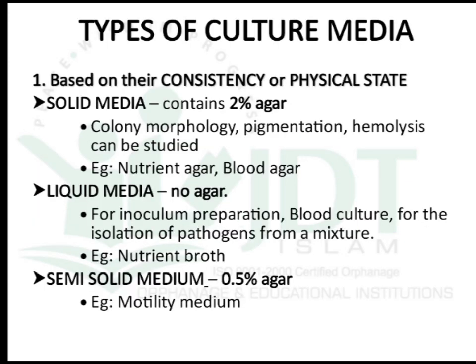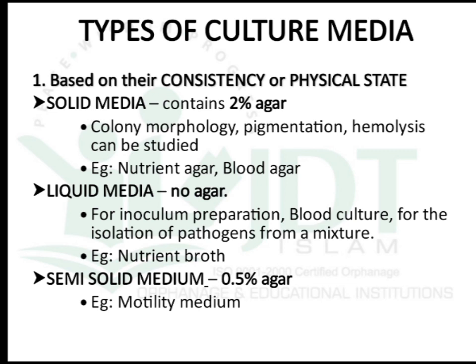Now we will move to the classification or types of culture media. Culture media is mainly classified into three types: based on their consistency, based on their oxygen requirement and based on their constituents. First we will discuss the types based on consistency, that is physical state. Culture media is classified into solid media, liquid media and semi-solid media.